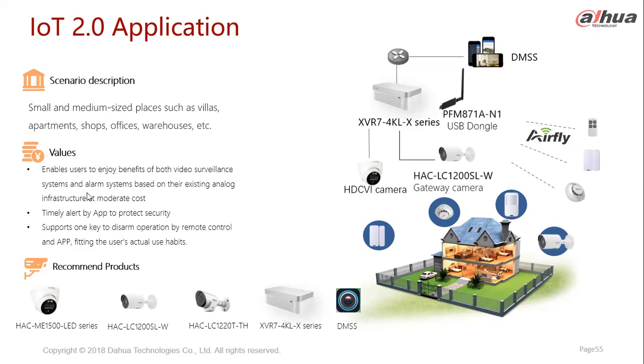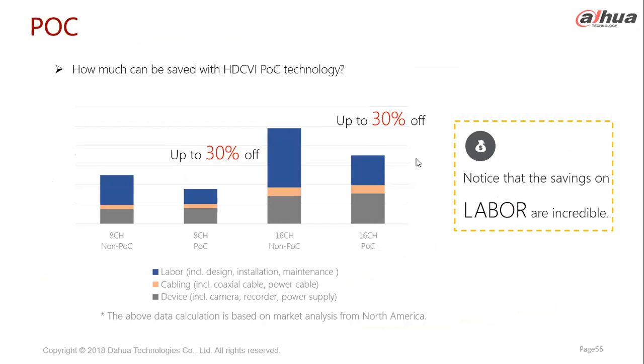So you can enjoy the benefits of surveillance and alarm systems based on the existing analog infrastructure at a very low cost and timely alerts, etc. So you understand the concept of IoT.